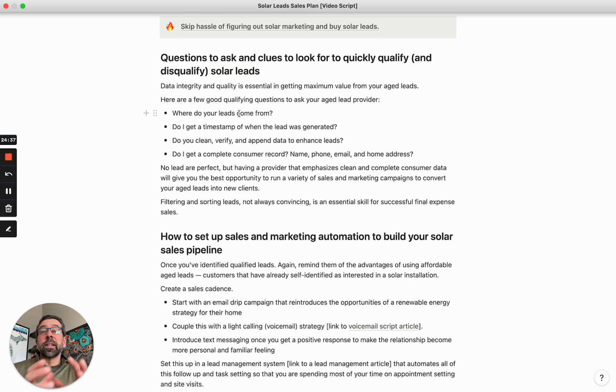And so I can write an email campaign that says, hey, back in November, you filled out a web form on such and such website, or my website, and we haven't connected yet. Did you get all the information that you were looking for about solar installation? And here's our easy guide. You can build an email like that because of that timestamp and that date.